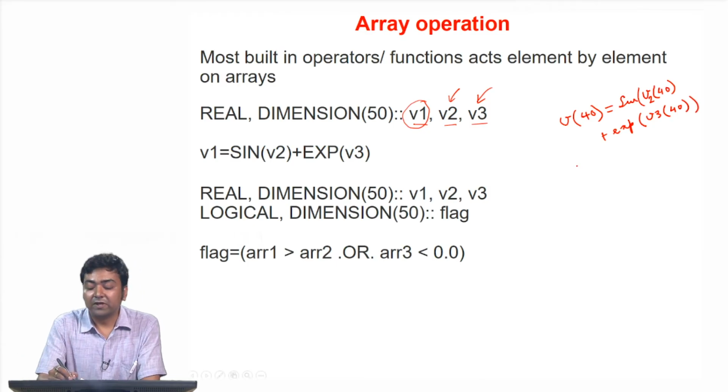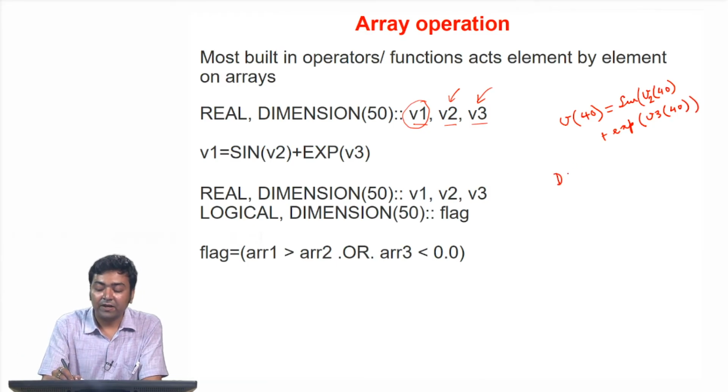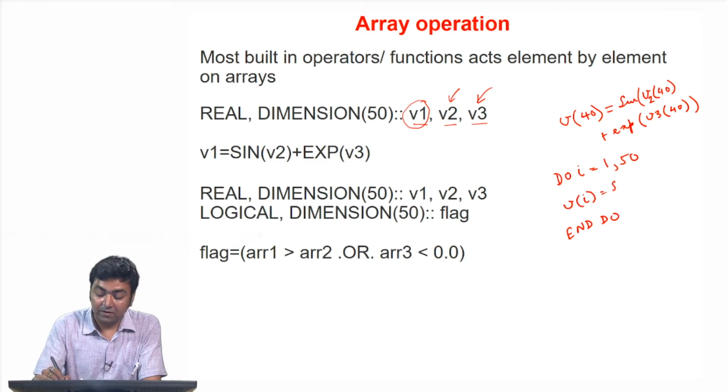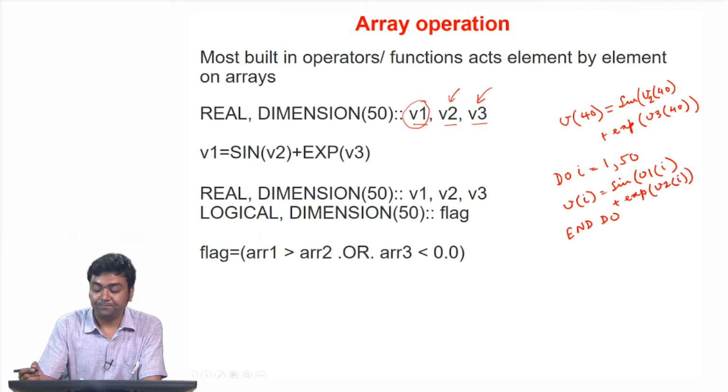So, one way to do that is I execute a do loop, do i equals 1 to 50, and then my V1(i) will be sine of V2(i) plus exponential of V3(i).